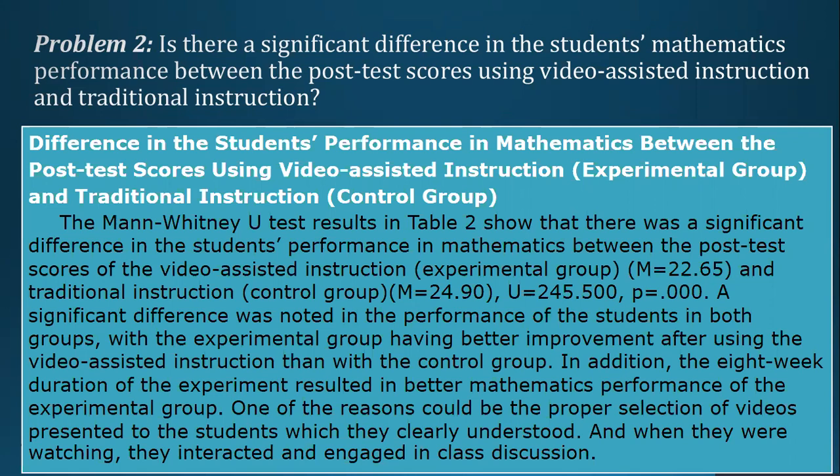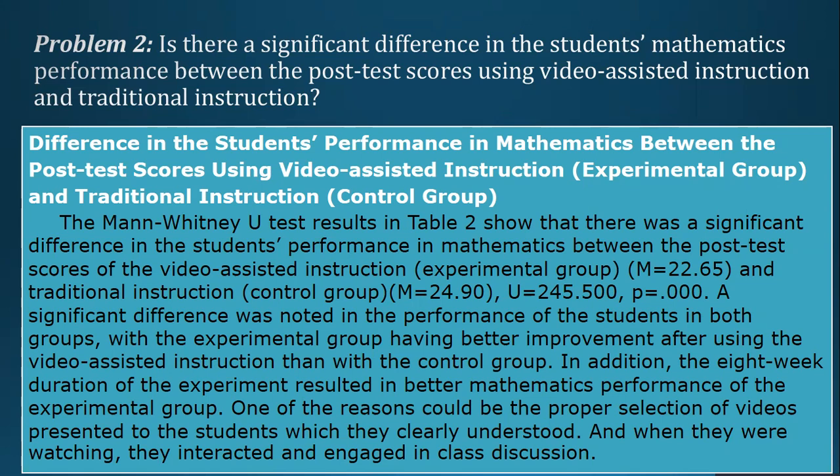A significant difference was noted in the performance of the students in both groups, with the experimental group having better improvement after using the video-assisted instruction than the control group.